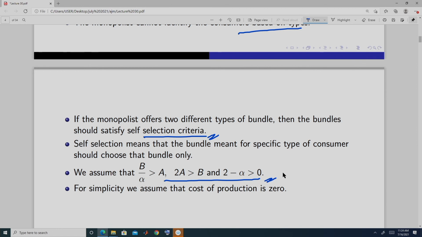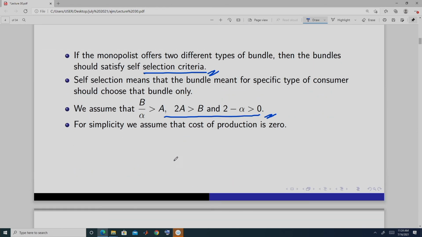We assume further these technical conditions, and you will see why we need them. And for simplicity, we assume that there is 0 cost of production. So, that means marginal cost is 0 and there is no fixed cost. Now if we plot this, this is quantity and this is price.